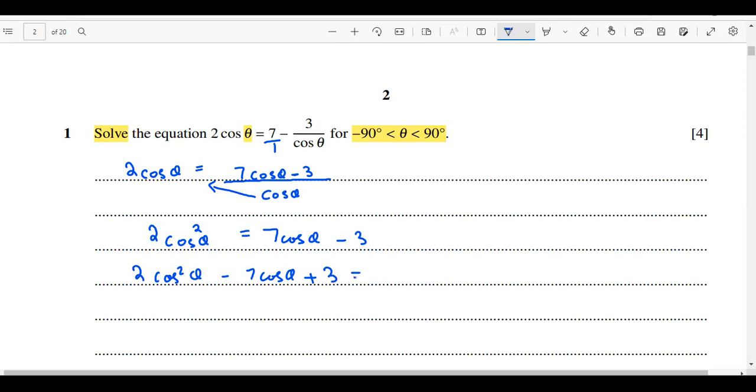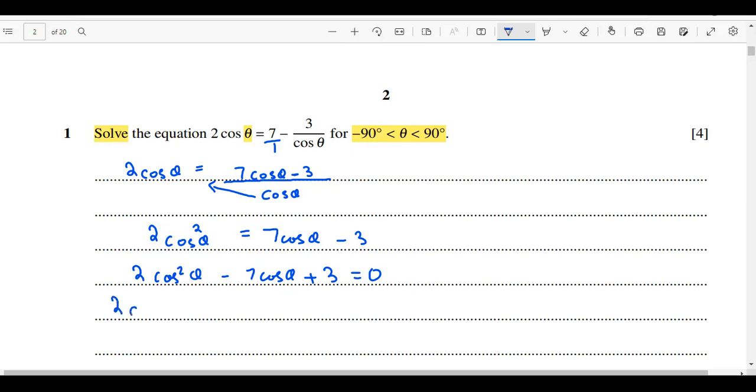Now, basically, this is a quadratic equation, so we'll think about it that way first, and once we have the two factors, then we'll think about the trigonometric part of it. We need two numbers such that when I multiply them, I get 6, and when I add them, I get minus 7.